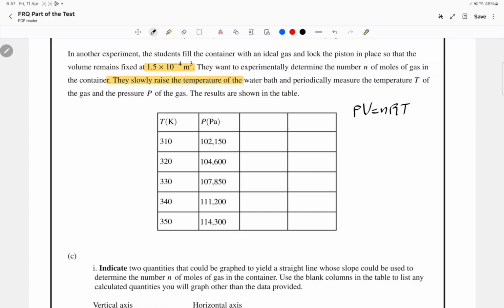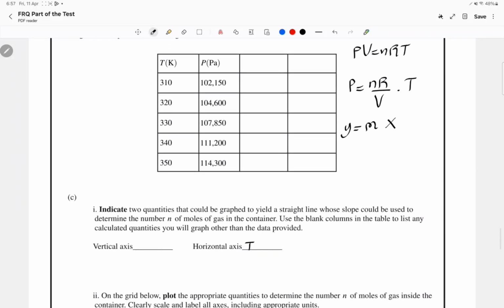So P is the y-axis. So P is equal to nR over V times T. So y is equal to mx, with x being the temperature and y being the pressure.